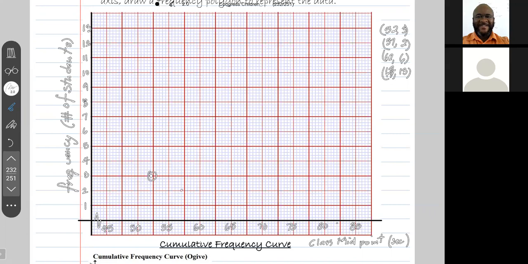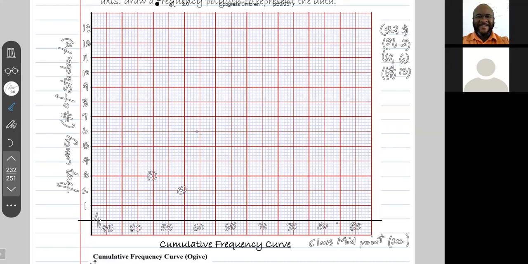That puts me here. Then 62, 6: 60, 60.5, 61, 61.5, 62, and 62 corresponds to 6.